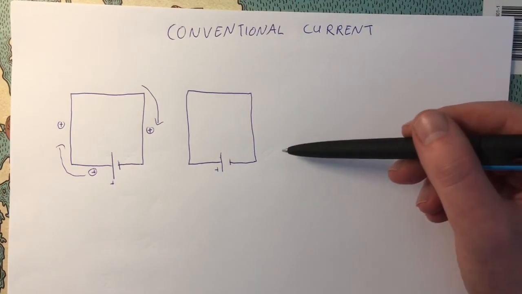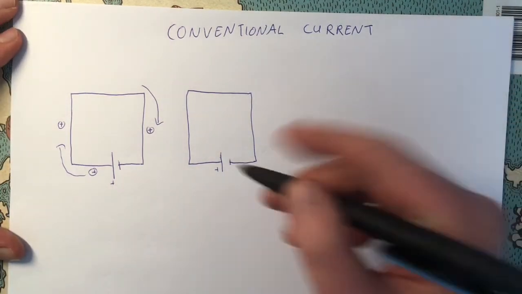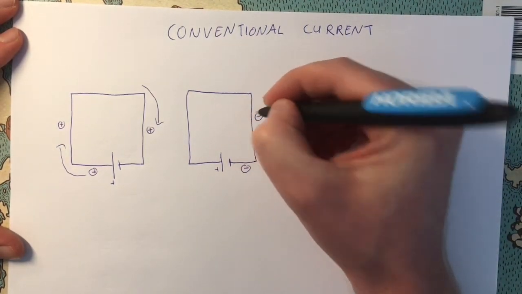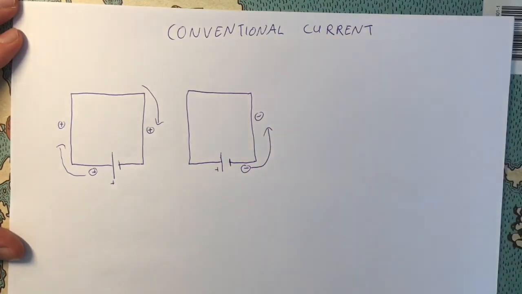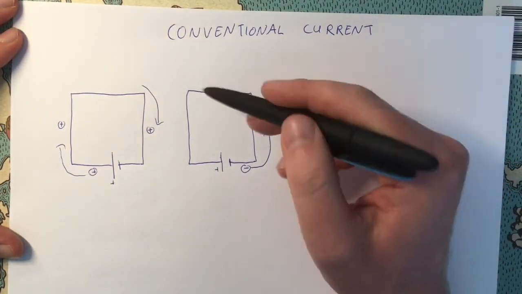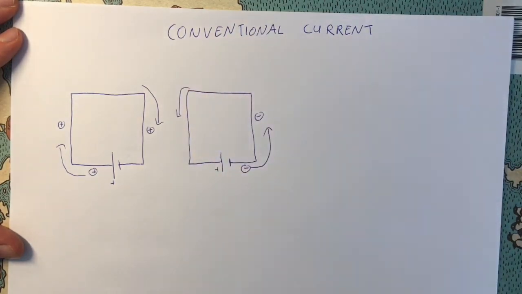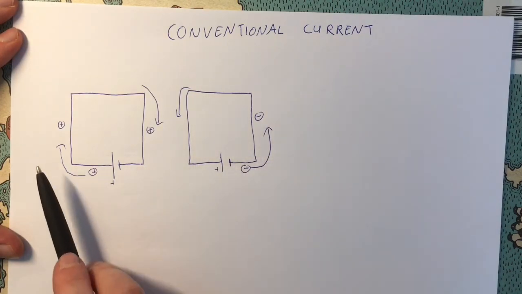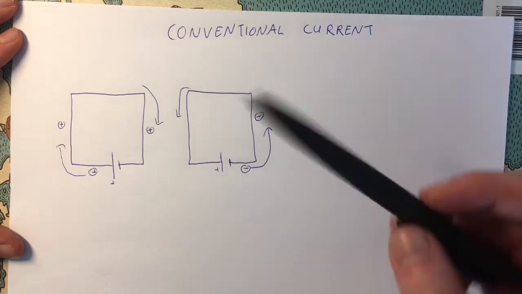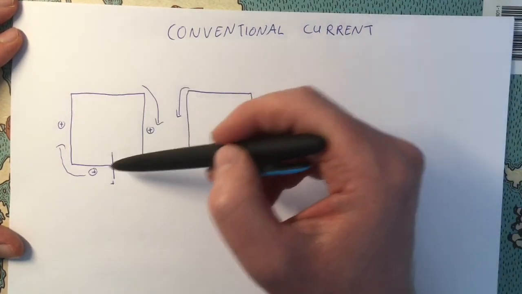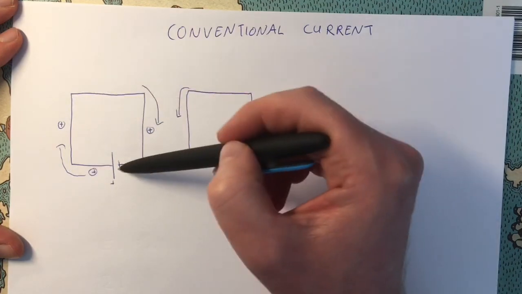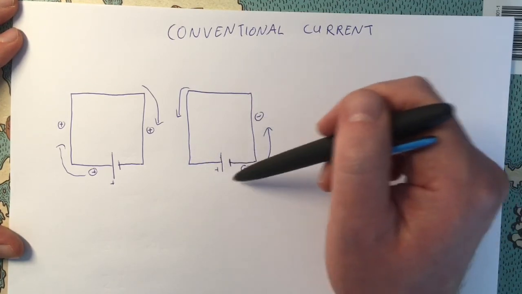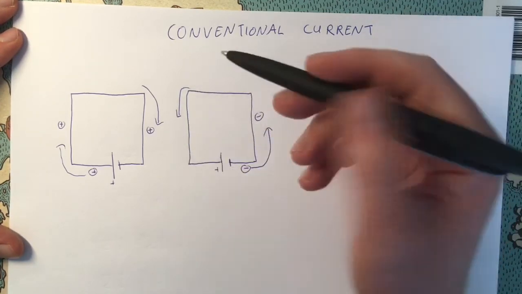But we know in electrical circuits that the actual charge carriers are electrons. So in this case, these electrons are going to flow this way around the circuit. But for all purposes of analysis, positively charged particles flowing this way around the circuit are exactly equivalent to negatively charged particles, or electrons, flowing this way around the circuit.